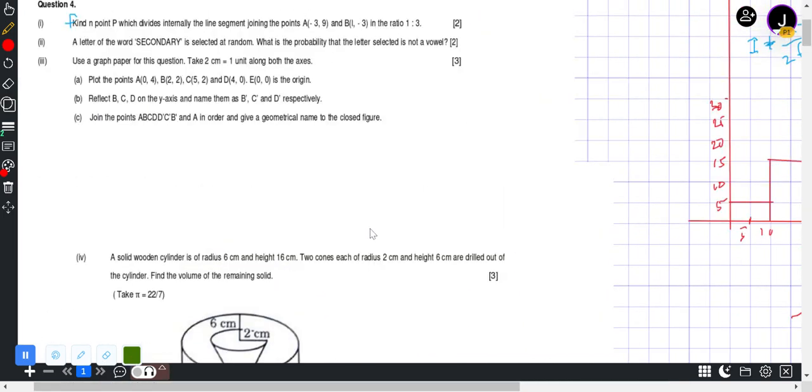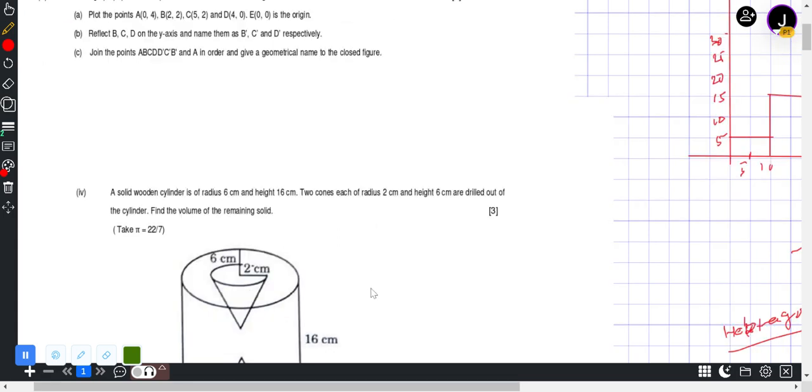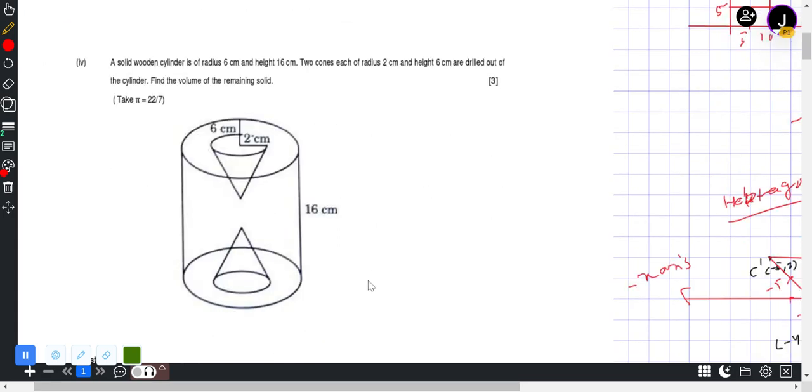The next question: a geometric solid is given. A solid wooden cylinder of radius 6 centimeters and height 16 centimeters. This is a very easy question. So you have a wooden cylinder and you are given the radius and height. First we'll calculate the cylinder volume. What is the volume of the cylinder?